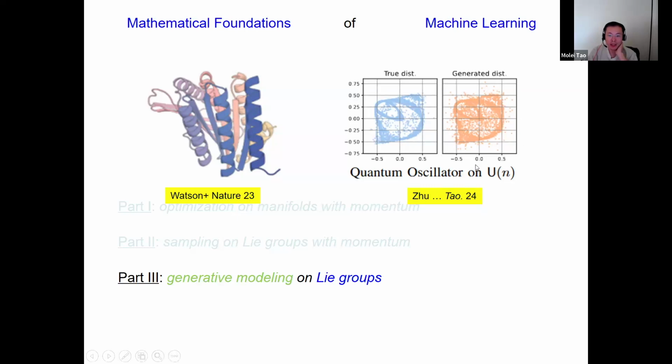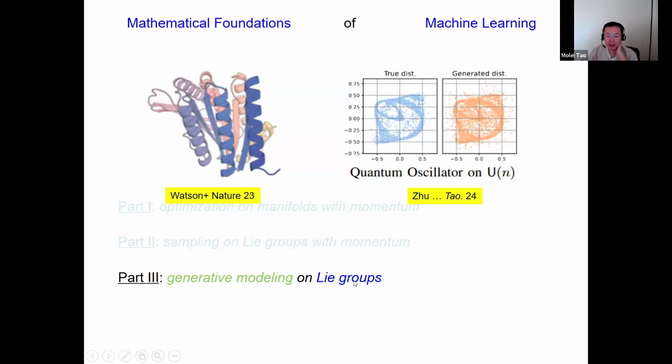What is on the right, on the other hand, is a newer application. It's an area that we initiated and we are trying to push. There we are trying to mimic the success of the design of molecules, where now we want to design quantum processes. For example, you may want to design quantum circuits that perform certain functionality, and we do that in a generative modeling setup as well.